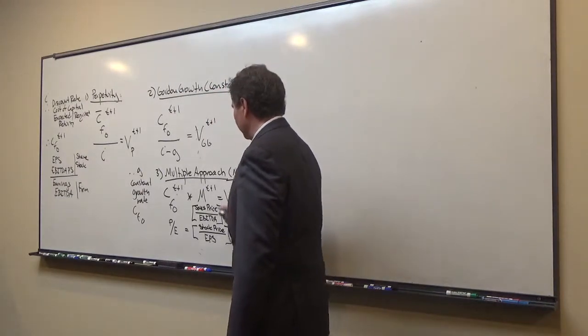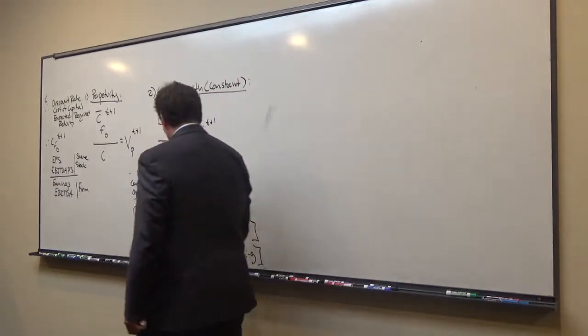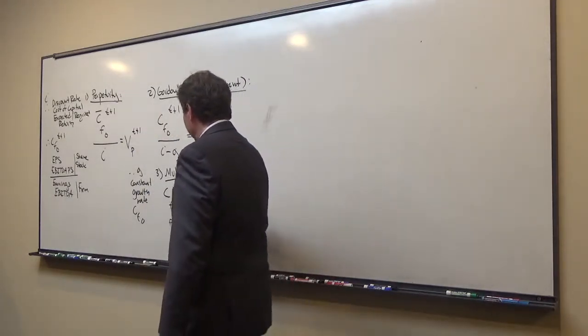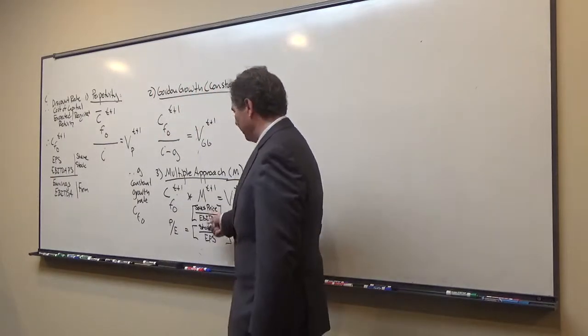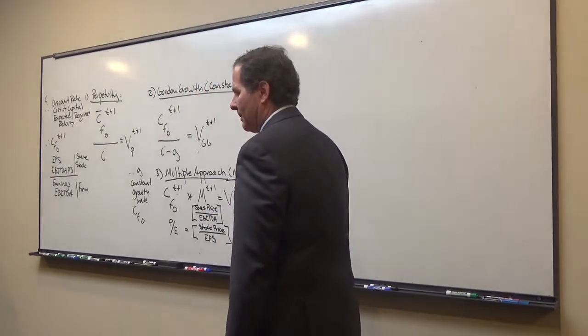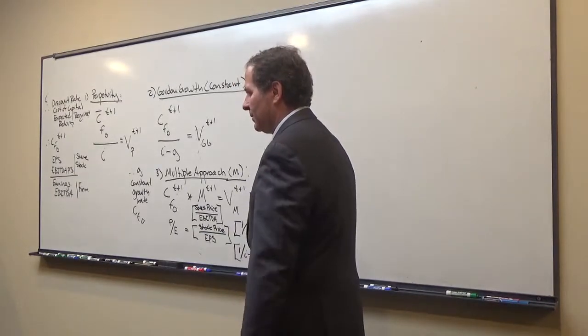So this multiple gives you that value, and this multiple gives you that value. It's the same thing. And then these I go into the marketplace and find. Okay, and that's the multiple.